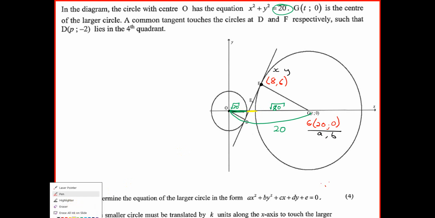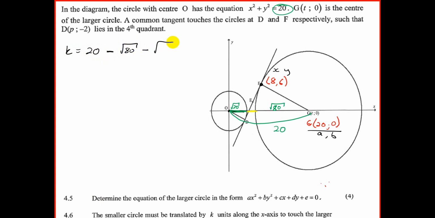And if we work that out, it's actually the total distance of 20 would be equal to 20 subtract root 80 subtract root 20. And you can use your calculator for that. Actually, root 180. Sorry, the previous question, it was root 180. Okay.